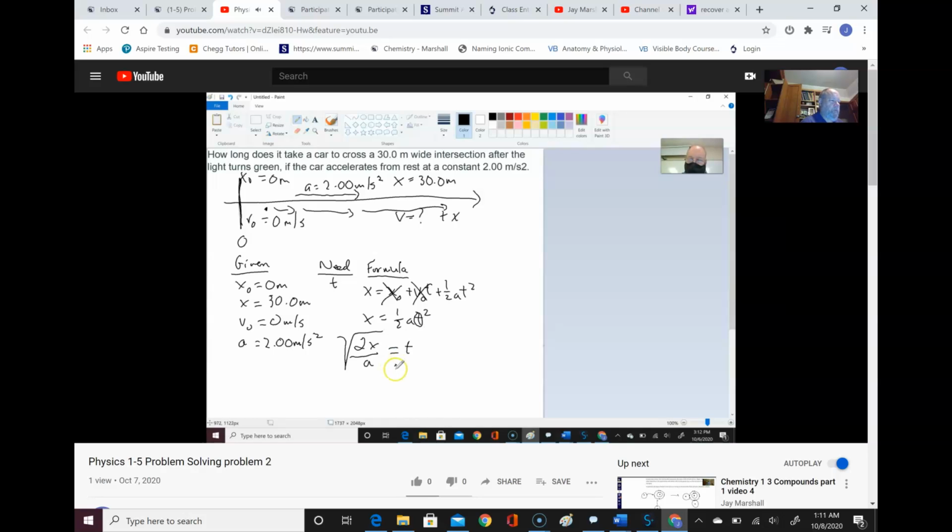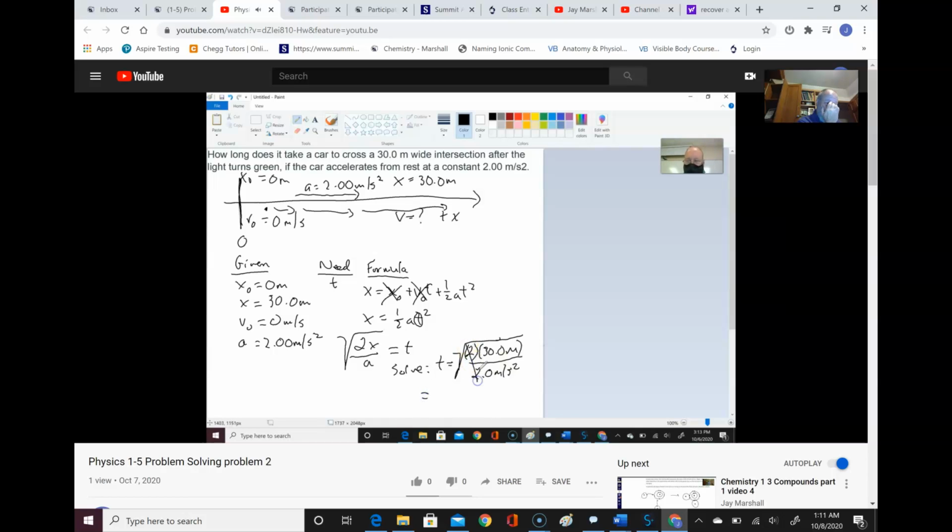Then I'm going to write solve. I'm going to say t equals, and I'll put my values in, 2 times 30.0 meters, divided by my acceleration, which is 2.0 meters per second squared.